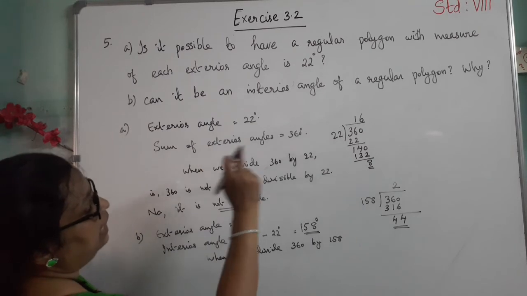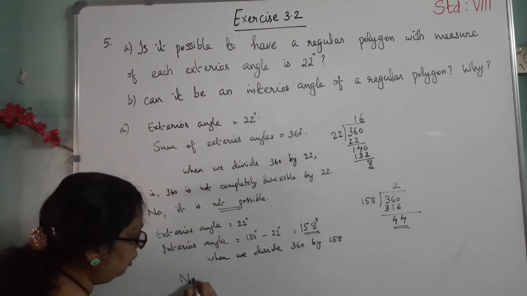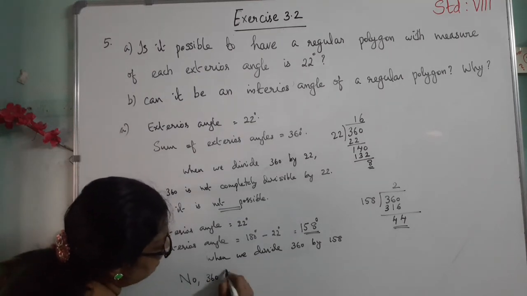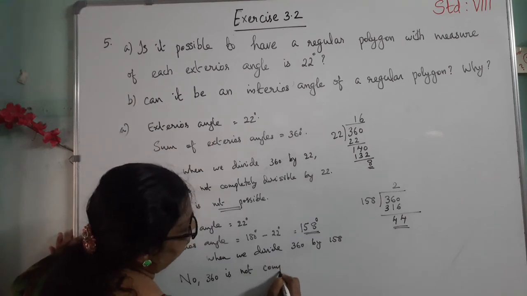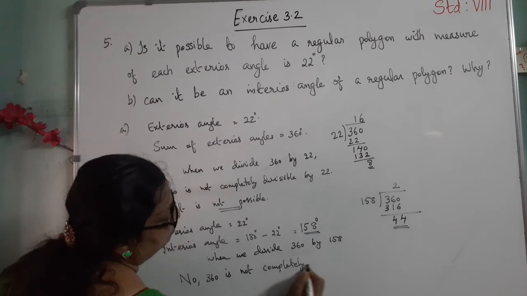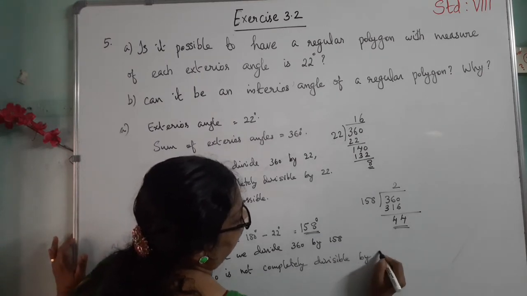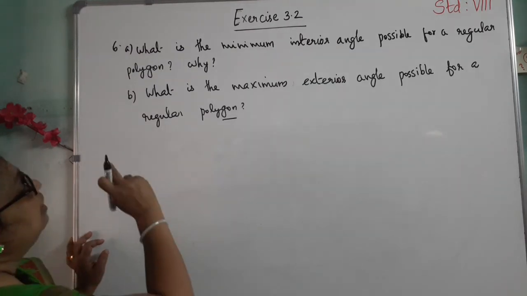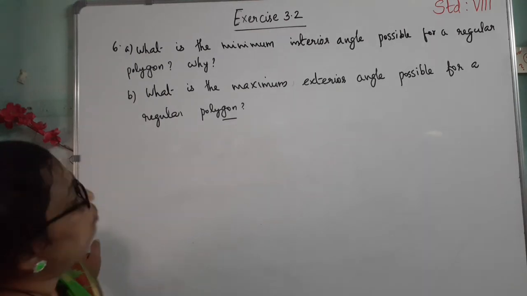Then can it be an interior angle of a regular polygon? No. Why? Because 360 is not completely divisible by 158 degrees.